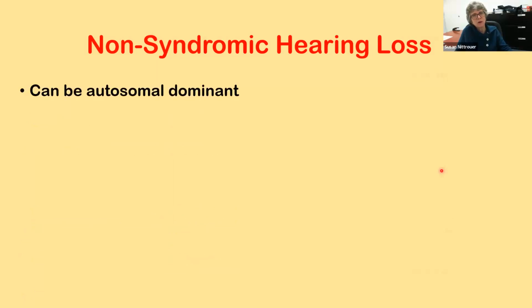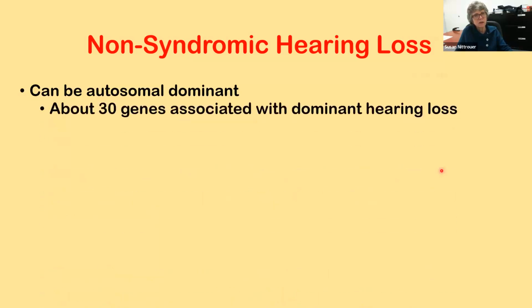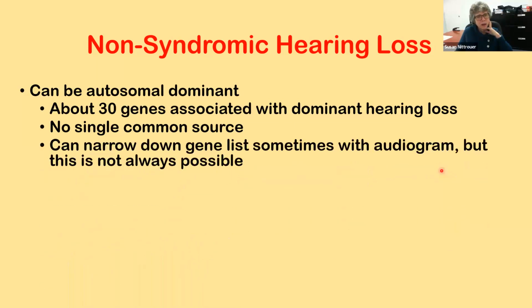Non-syndromic hearing loss can also have a dominant genetic cause, and there are about 30 genes associated with dominant hearing loss. So there's no single source of hearing loss for individuals who come from these families where hearing loss is so prevalent.